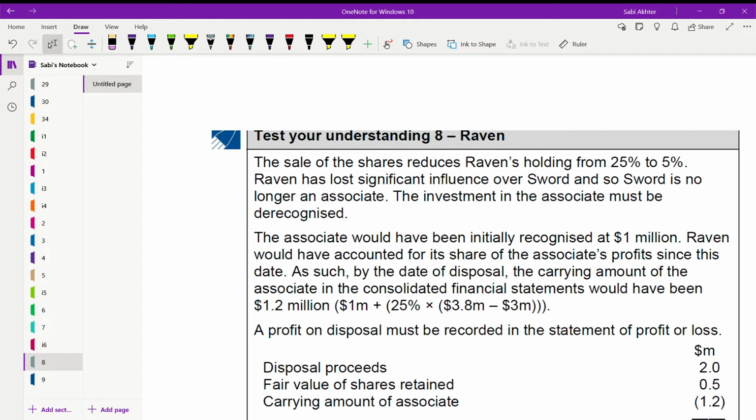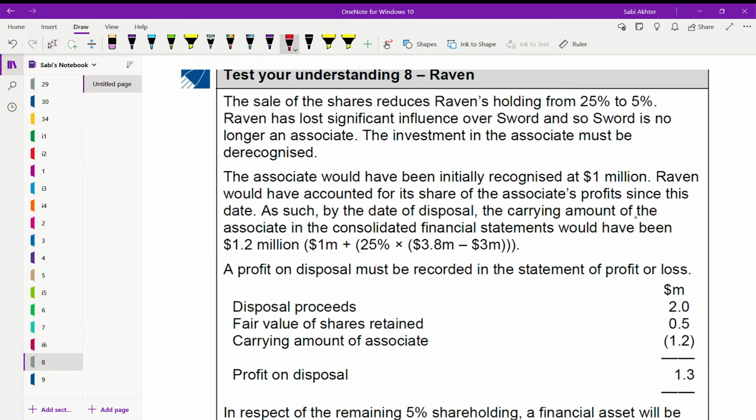For example, IFRS 9 relating to financial instruments, IAS 7 for your cash flows, IFRS 5 for non-current assets held for sale, IAS 16. There are so many other areas that you have to know for group accounting.